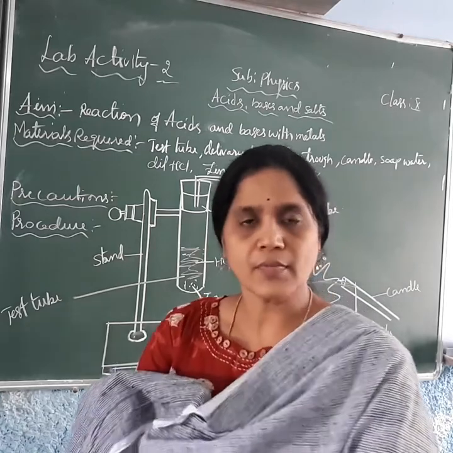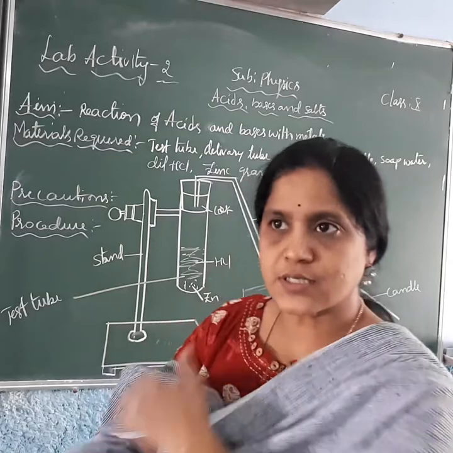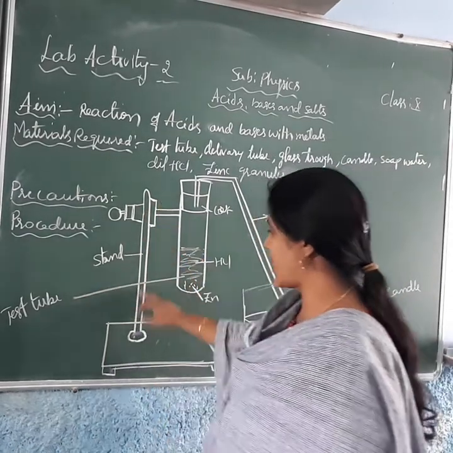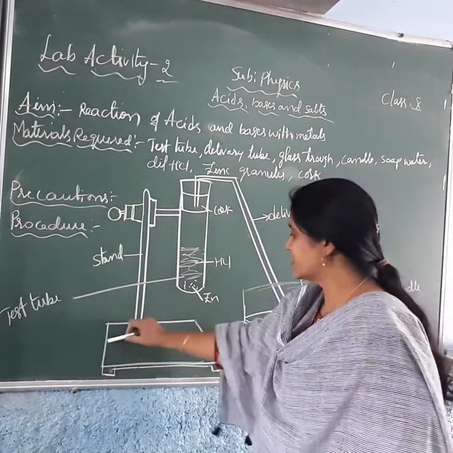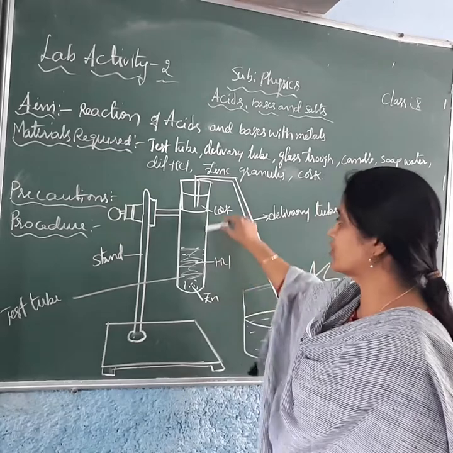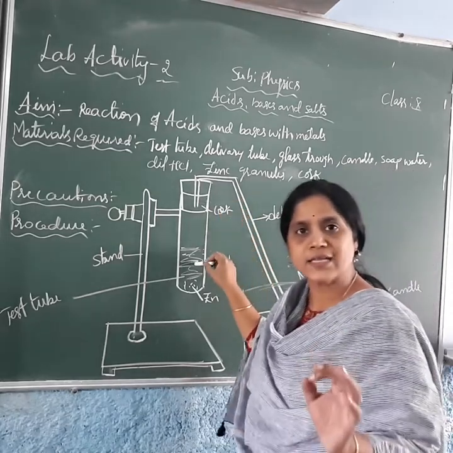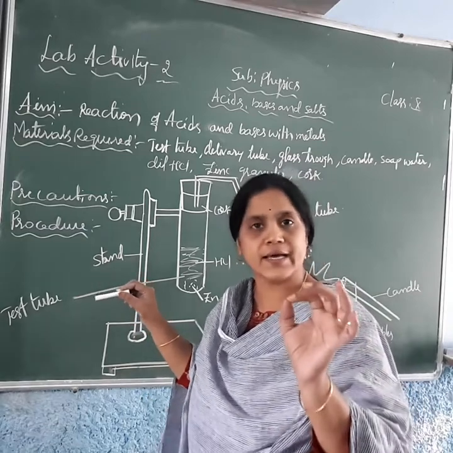Now, what is the procedure of this lab activity? First we should take a stand. This is the retort stand. To this stand, you take one test tube, and in that, first you take the zinc granules. Zinc is a metal.